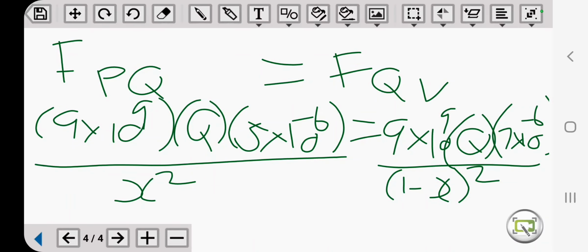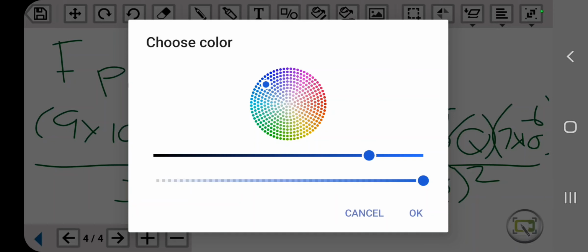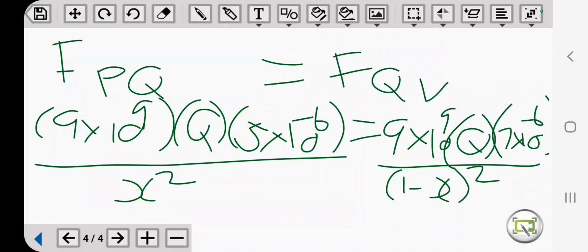Now let's quickly look at the algebra. We can immediately cancel the Qs out because we have exactly the same on the left and on the right hand side, and both are a single term.